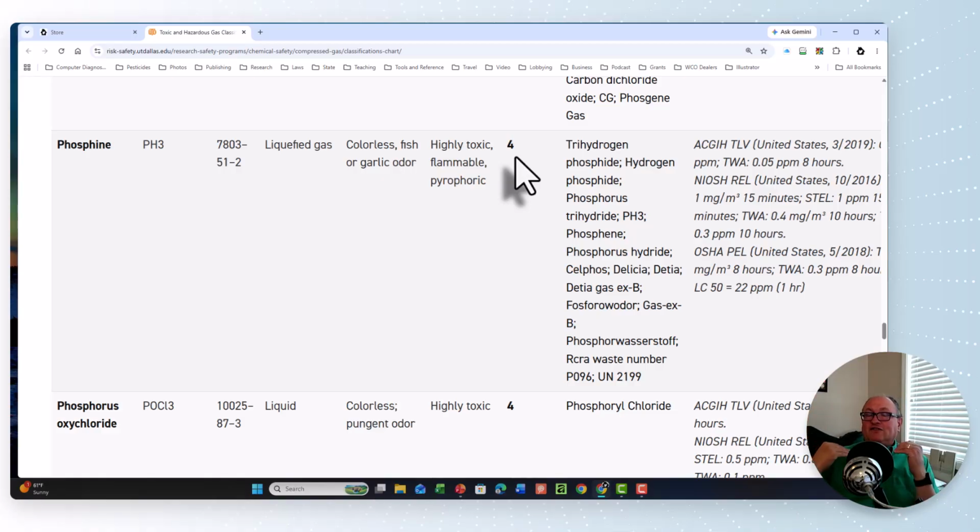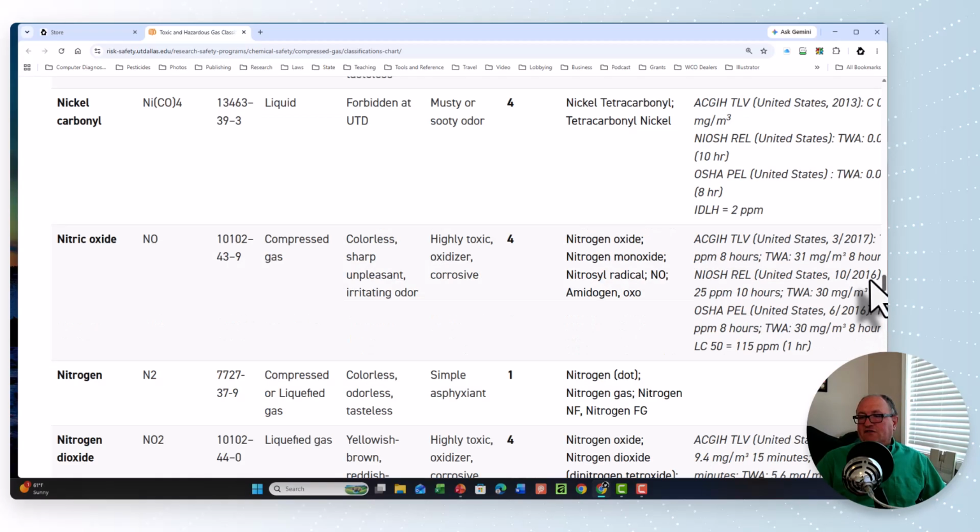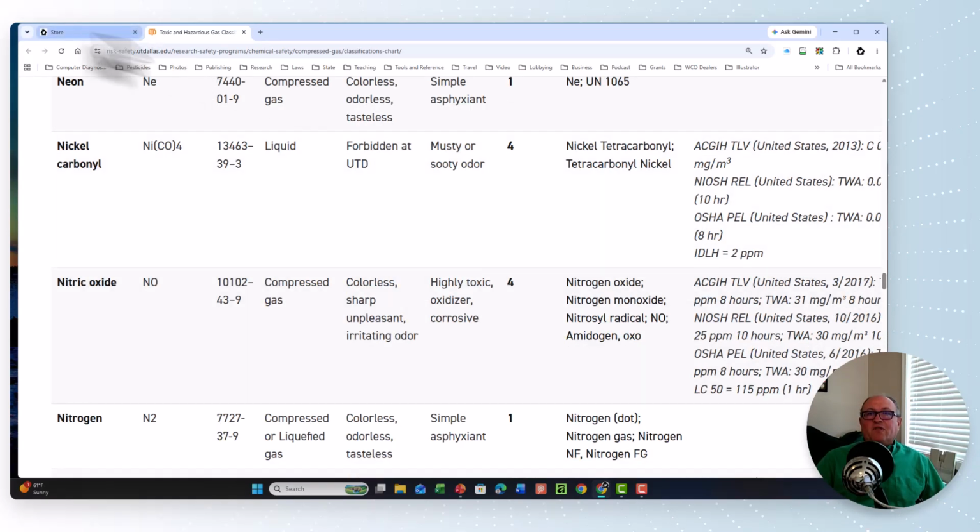So if you're looking for safety purposes, carbon dioxide is a better choice for treating vertebrate pests than carbon monoxide, because carbon monoxide has a higher risk. And then, of course, phosphine gas has a significantly higher risk than that. Just something you may want to check out. Just look up risk-safety.utdallas.edu, and that will be some information for you there.